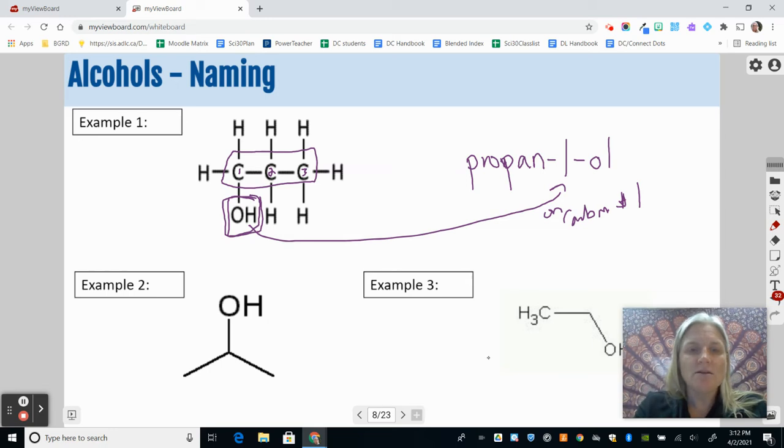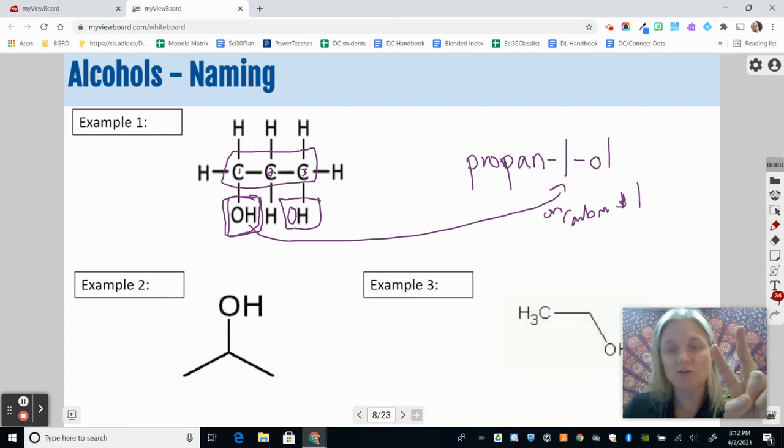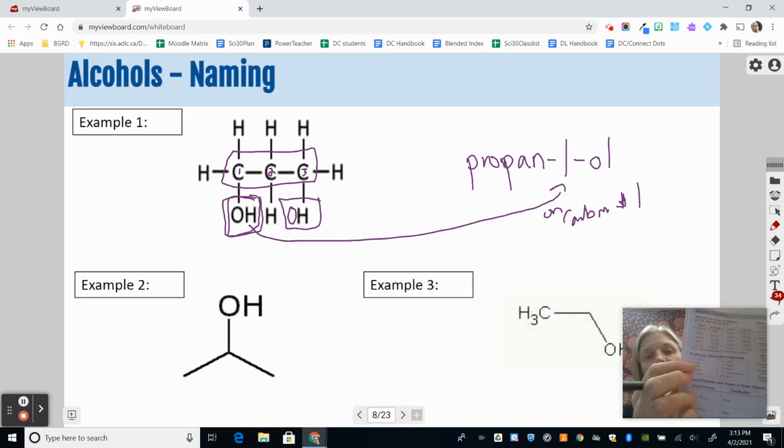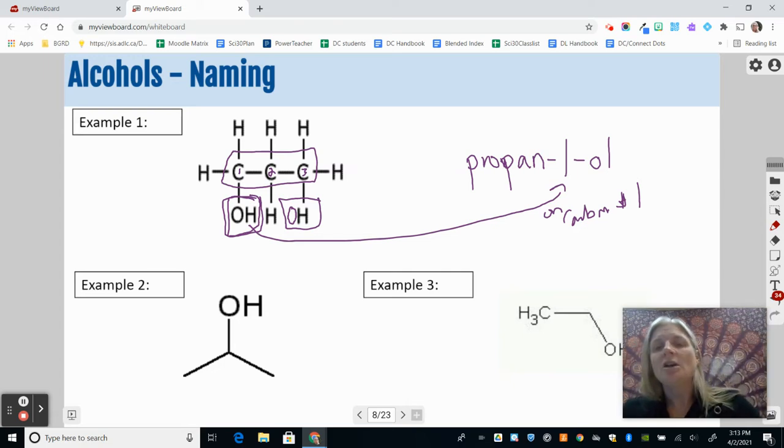Now, I'm just going to throw this out here. I'm going to add another alcohol group, OH, here. Aha. So we've got 2 alcohol groups, or 2 hydroxyls, and we need to tell everybody that. We're going to use the term di. Remember, if we have a prefix here, if we've got multiple of those groups, branches, we use di.